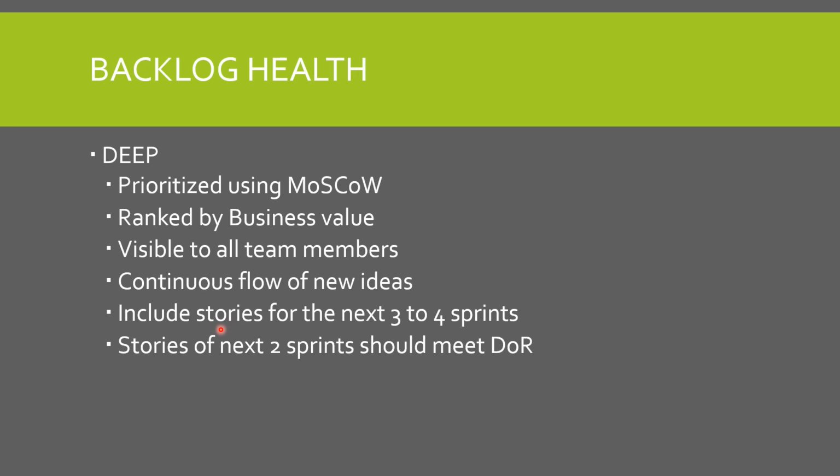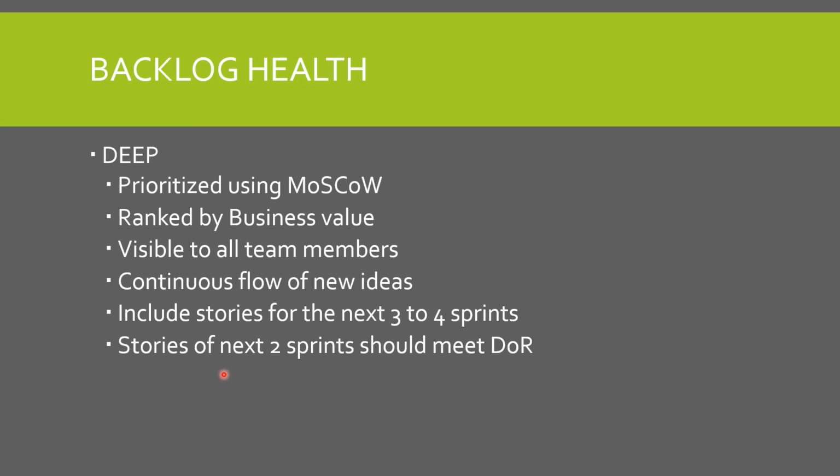The product backlog might have epics and features, but it should include stories at least for the next 3 to 4 sprints. It's very important. You should have stories for at least a release or two. And stories for the immediate 2 or 3 sprints should meet the definition of ready, so that you can have nice product backlog refinement and sprint planning meetings.